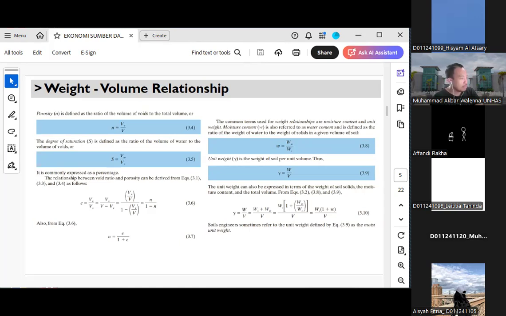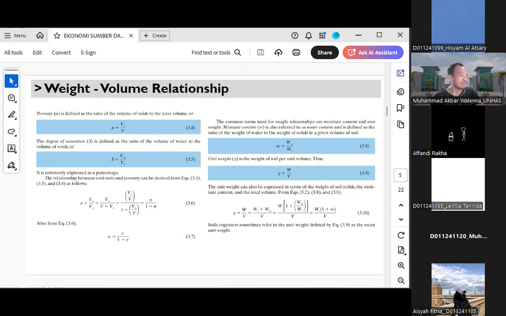But we can also find them in between, where some part of the void is filled with water and some part is filled by air. That's why it's quite common to encounter soils with a degree of saturation from 30 to 40% to as high as 70 to 80%.